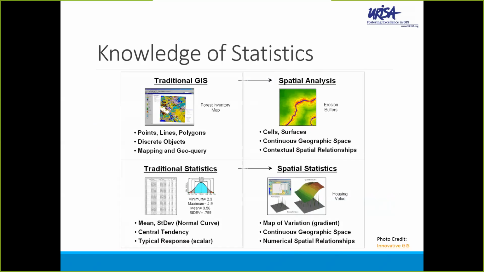All right, so understanding how certain GIS functions are done, and then how similar ones are done with statistics. In traditional GIS, you start with points, lines, polygons, and then with the spatial analysis, you use all those layers together to create a generated spatial relationship.